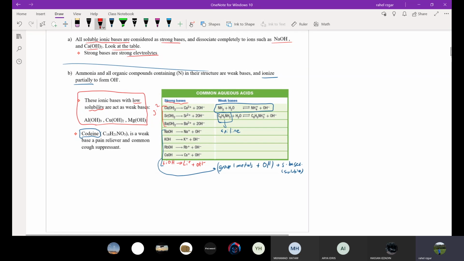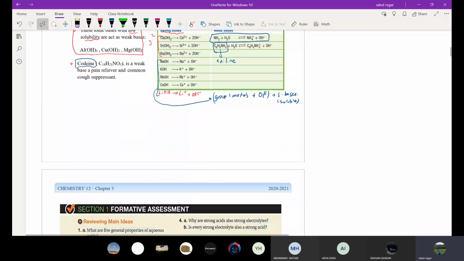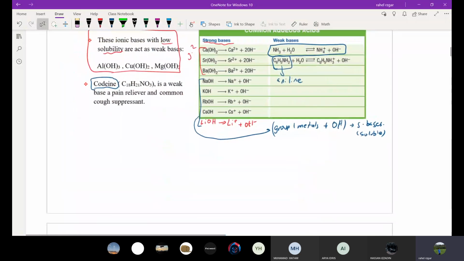So if I draw a graph for you to distinguish all the bases in an easier way: bases, ionic bases, or let's say soluble. It's better to write it like this. Strong bases.